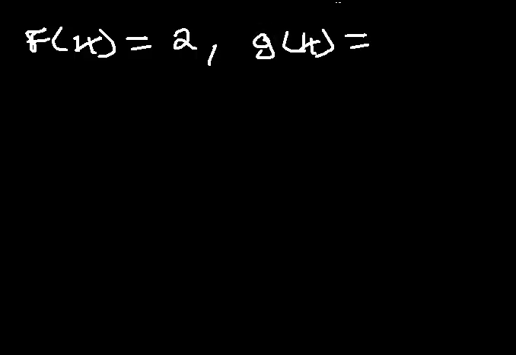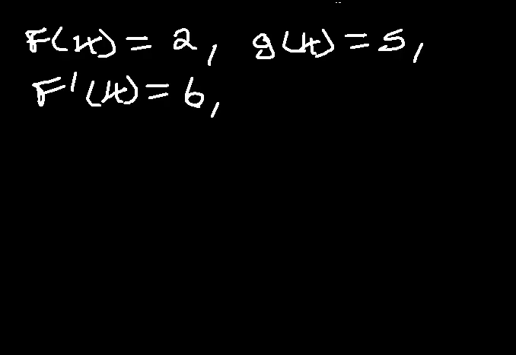Let's say f of 4 is given as 2, and g of 4 is given as 5, and f prime of 4 is given as 6, and also g prime of 4 is now given as -3.